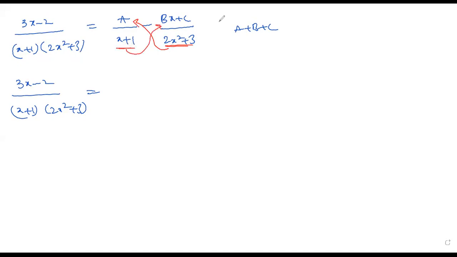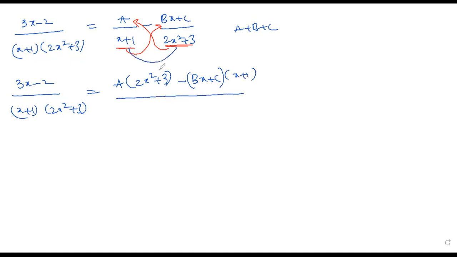That we will write here. So a of 2x square plus 3 minus (bx plus c), we have to take a bracket because minus is here, into x plus 1. Denominator is just the product of these two, that means x plus 1 and 2x square plus 3.